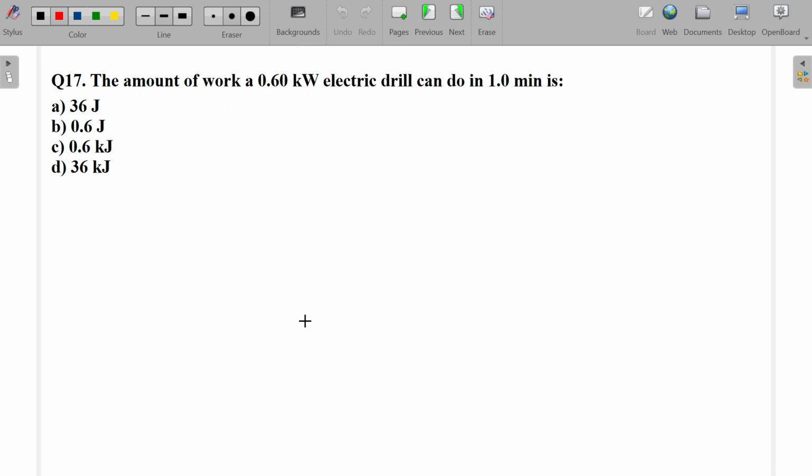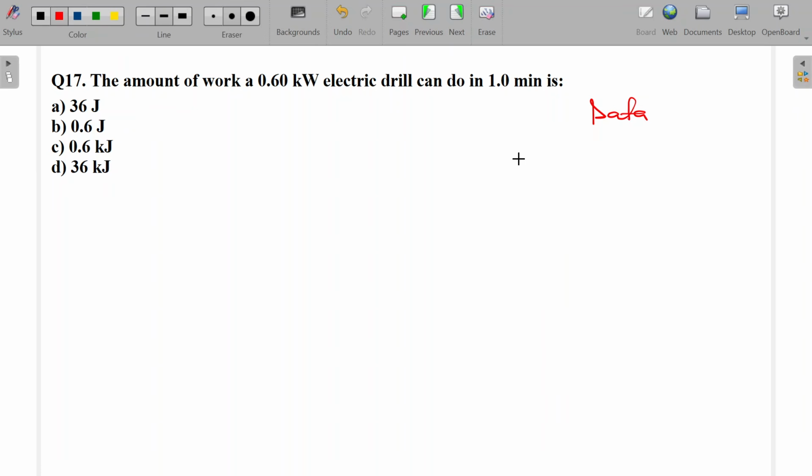Question 17. The amount of work a 0.6 kilowatt electric drill can do in 1.0 minutes is A. 36 joules, B. 0.6 joules, C. 0.6 kilojoules, D. 36 kilojoules. Okay, so collect the data.